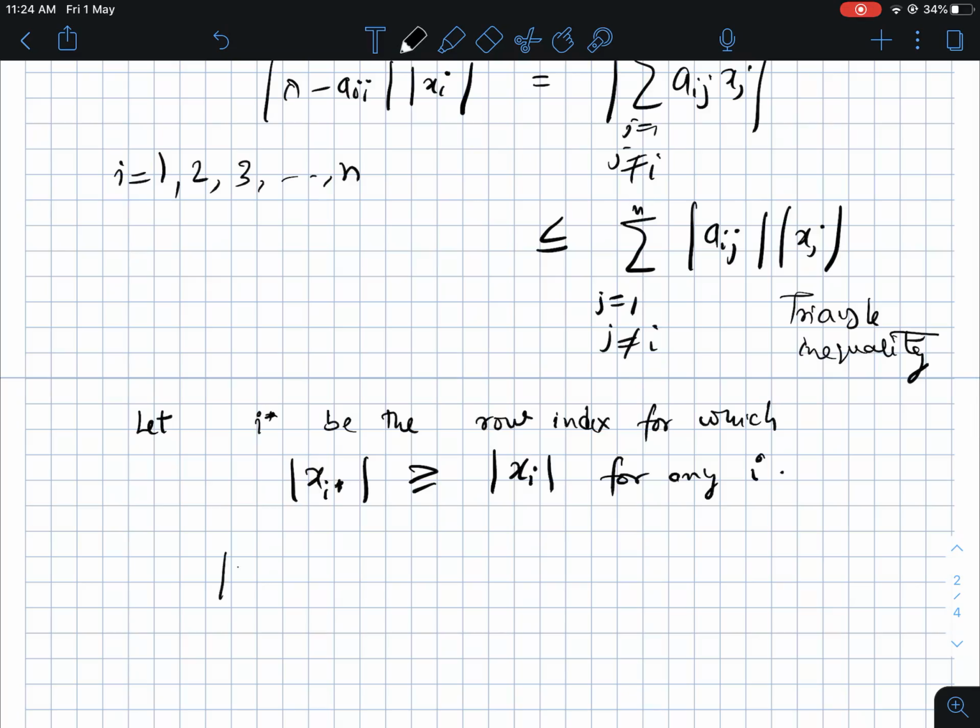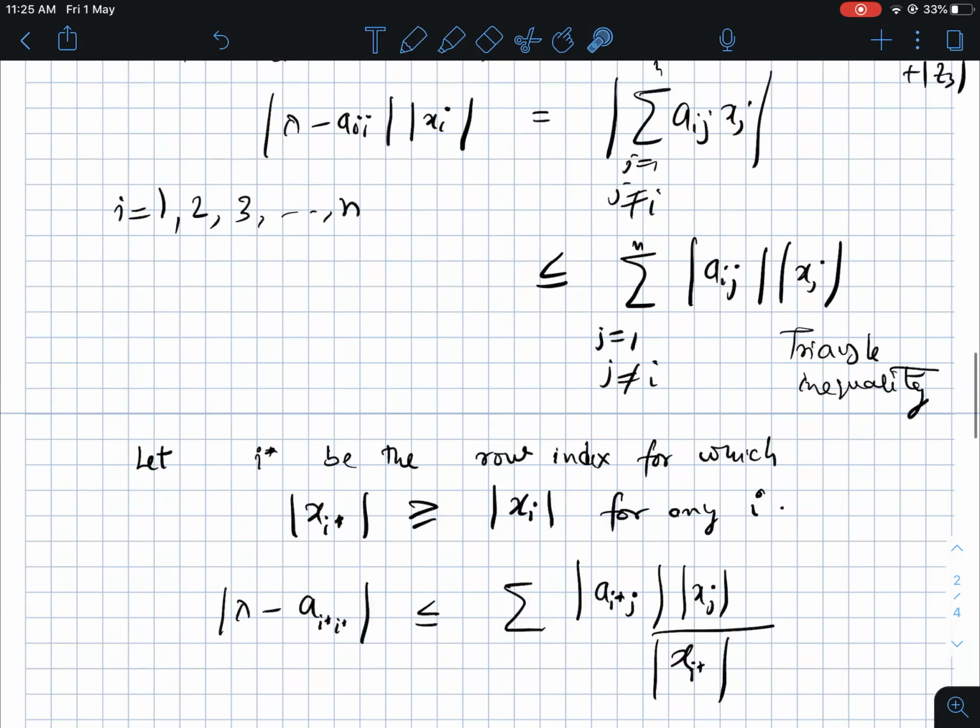So if I do this, then I get |lambda minus a_i star i star| less than or equal to the summation of a_i star j, x_j by x_i star.